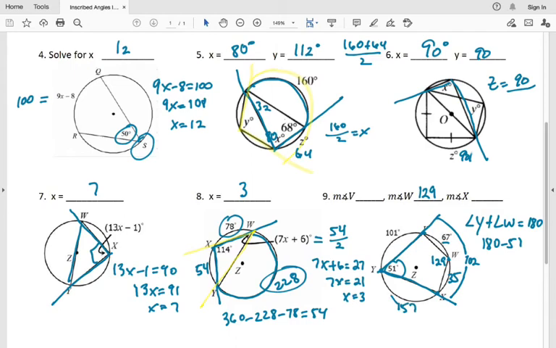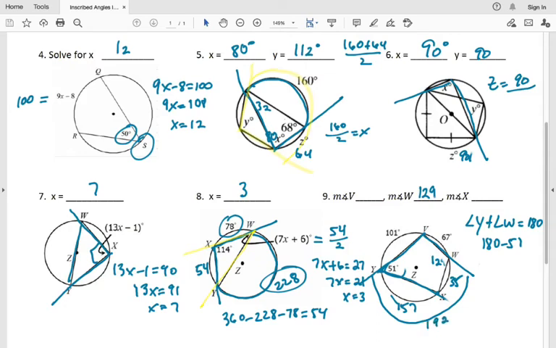So now that when it asked me to find angle W, let me erase some of this. We found out this was 35. Angle W is drawn from here to here. So all of this adds up to be, let's see, 192.